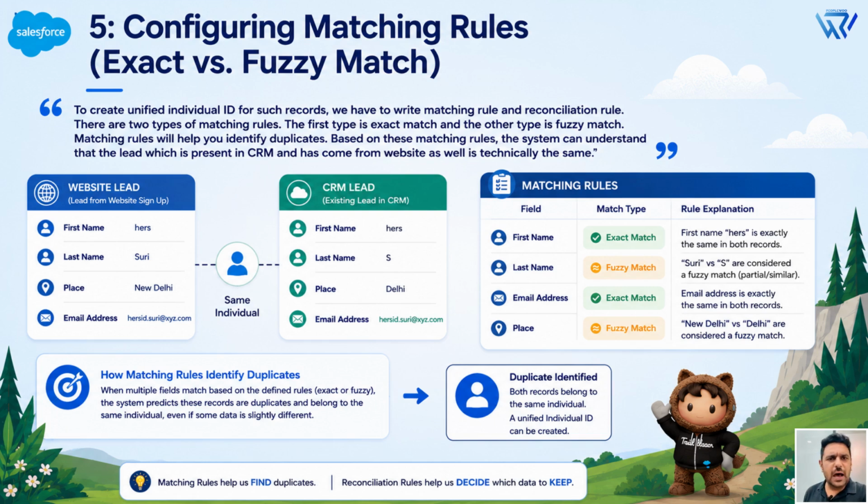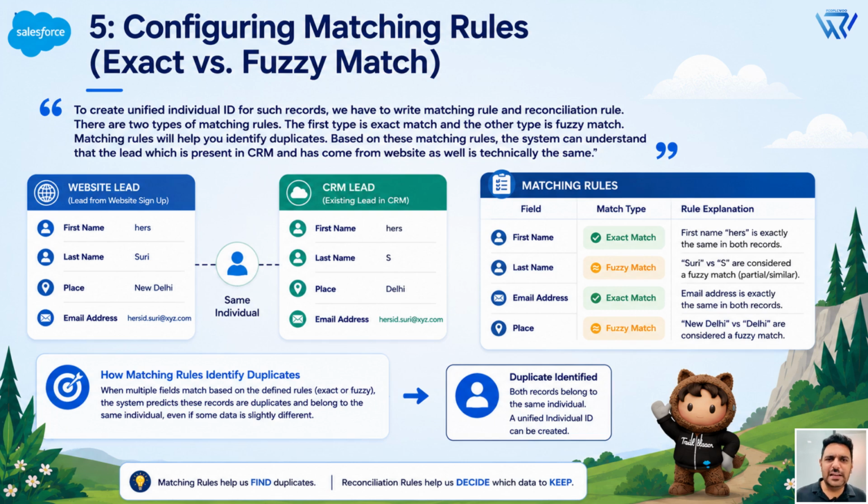Exact match email address, that means on the website the email address is an exact match with the CRM. And we can have a fuzzy match on place. On the website I had New Delhi, and within our CRM I have Delhi.